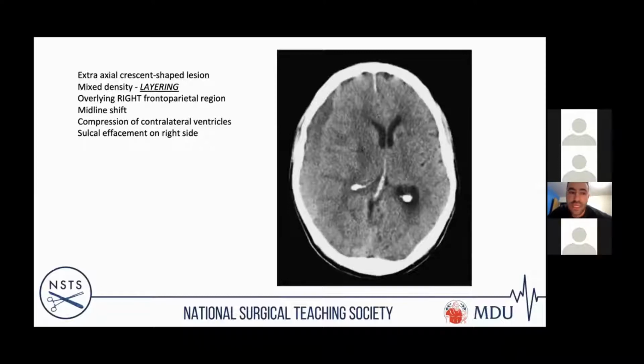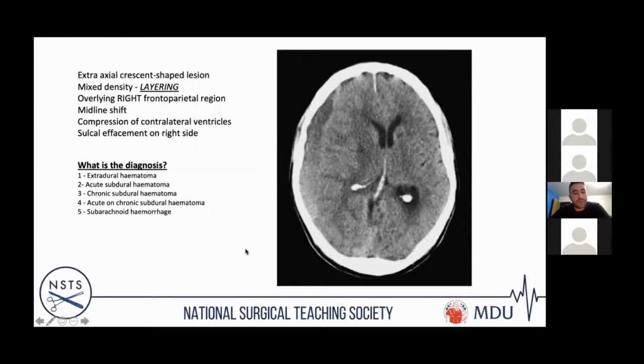It's really graded. It's overlying the right frontoparietal region. It's causing midline shift and compression of the ipsilateral ventricles. Sorry, I should have corrected that. It's also causing sulcal effacement on the right side. You can see that on this side there are still some sulci, but on this side there are absolutely no sulci.